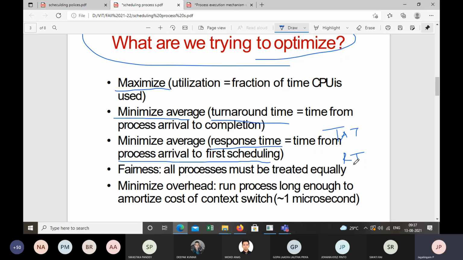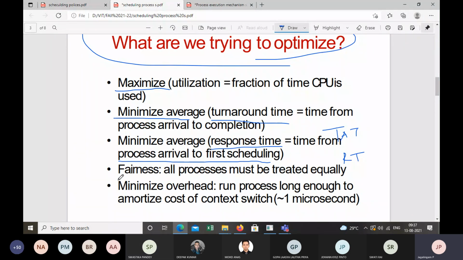Turnaround time is the time from the arrival to the completion. That is turnaround time. The response time is the time from arrival to the beginning of execution. Okay. Yes. Fine.